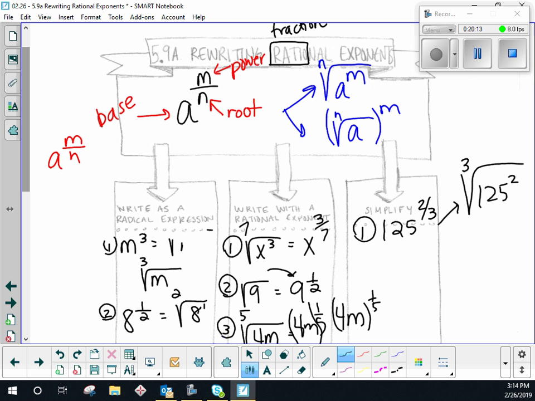We can also rewrite it as the root first and the power second. I want you to try and do your order of operations on those in your mind, just imagine it, and tell me which one you think would be easier to do.